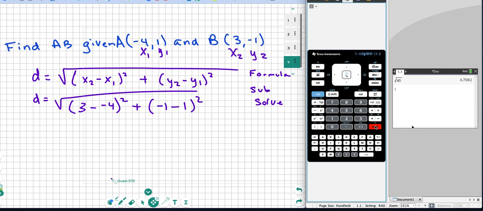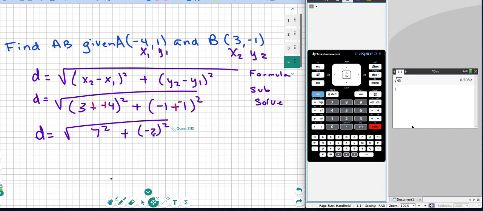Again, we're going to do our keep change to keep track of our signs. So keep change and keep change. I'm going to have D is equal to the square root. 3 plus 4 is going to give me 7 squared, plus negative 1 plus negative 1 is going to give me negative 2 squared.